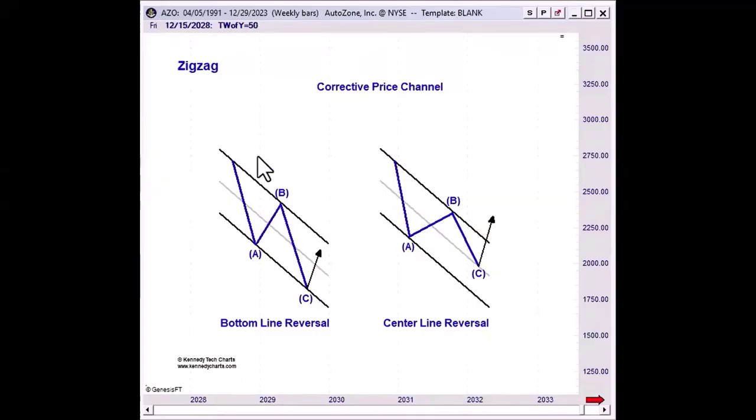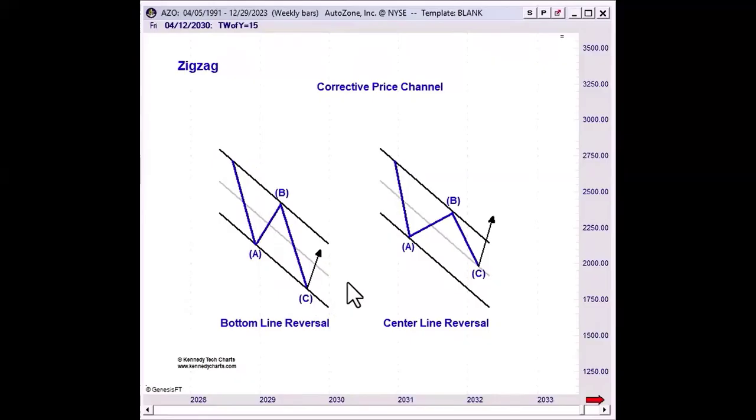So when you're working a zigzag, the way you draw that corrective price channel is you start at the origin point of wave A, then take a line from the origin of wave A to the extreme of wave B, and simply drop a parallel line of that trend line down to the extreme of wave A. What that does is it highlights support for the extreme of wave C. And as long as this movement down is contained by parallel lines, odds are it's going to be a counter-trend move and that it will indeed be more than fully retraced.